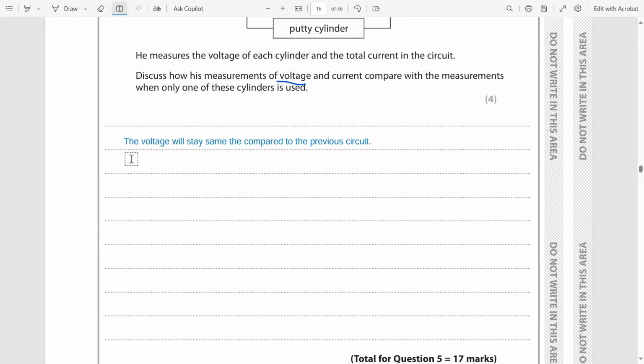Okay, we have a lot of lines here, guys. We can work with this. There are only 4 points to really say here, anyways. Each cylinder is connected in parallel from the cell.